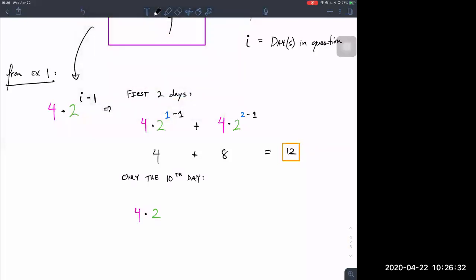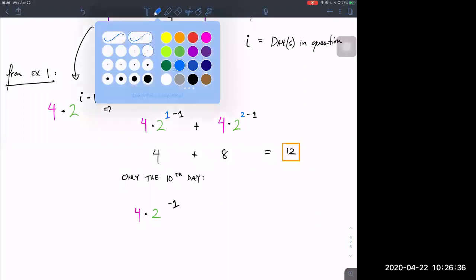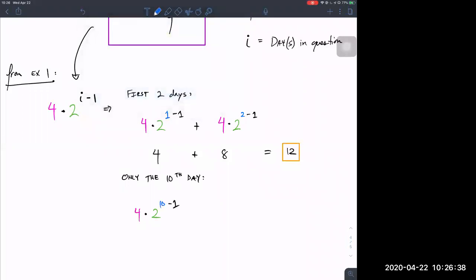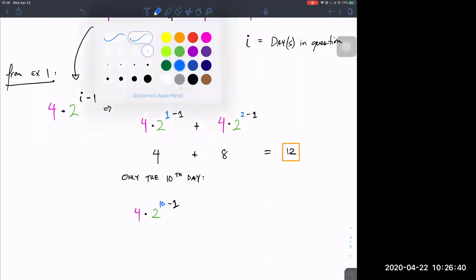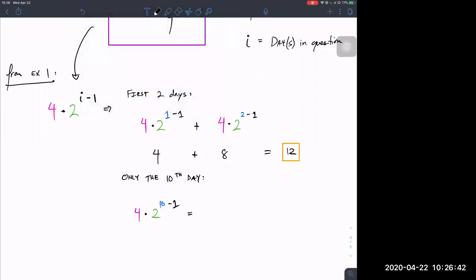But the difference this time is that you just plug in a 10 and you don't have to add anything, and you just perform this calculation. I don't know what this answer is, so let me take a moment to do it really quick for you. 4 times 2 to the 9th. So that's 2,048 people. We're still talking about people here, okay?